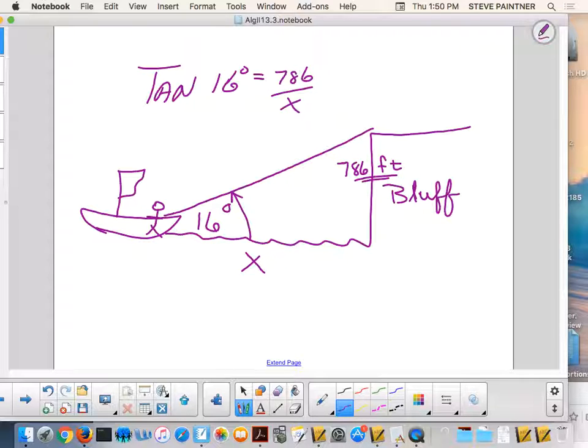Anyways, cross multiply. This is kind of the tougher one if you ask me, because you don't get the answer right away. 786 equals x times tangent of 16.